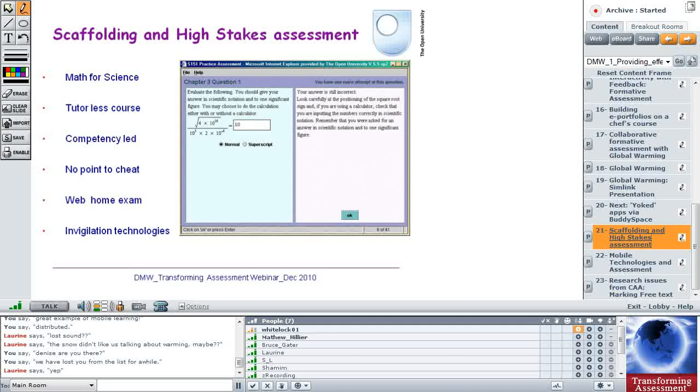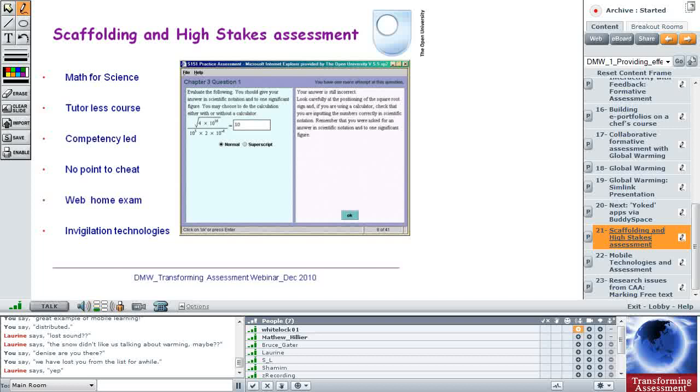It's maths for science, because at the Open University you don't need any formal qualifications to join our courses, and you don't need to in the first level science course. But if you want to move on, we know that you've got to have a level of competency in mathematics. And so if you don't have a mathematics qualification, then you need to do this course before you move on. It's only 10 points. It's called Maths for Science, and it hasn't got a tutor.